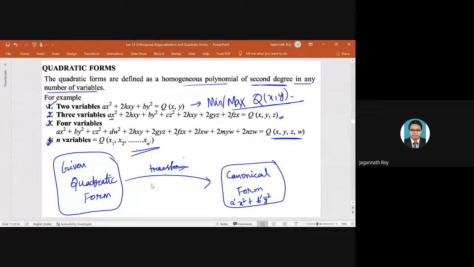So if it has three variables, then it will be a dash x square plus b dash y square plus c dash z square. That means here the xy terms, the mixed variable terms, will actually be removed by some transformation.